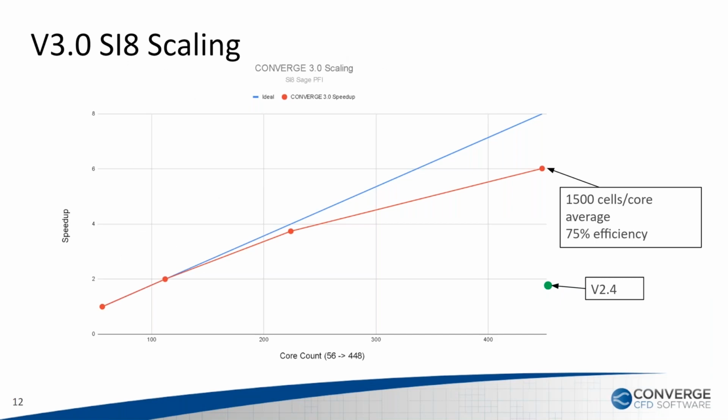You can see here that the scaling in Converge 3.0 really dwarfs what 2.4 and previous versions of Converge were able to do. We're able to hit 75% efficiency at 448 cores here, which is quite good considering that the average number of cells in this case at that core count is only 1,500.